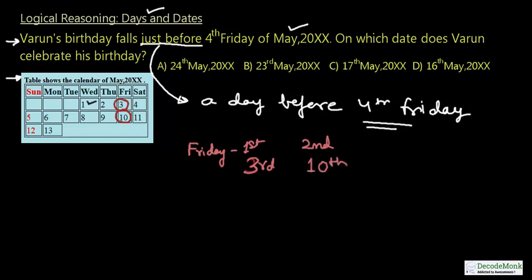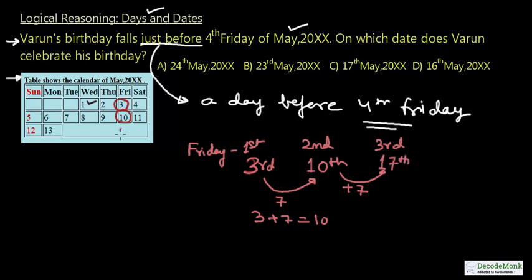So you can see, because there are 7 days in a week, the gap between consecutive Fridays will be 7. So you can check over here, 3 plus 7 is equal to 10. Similarly, if you add 7 to this 10, 10 plus 7 is 17th.